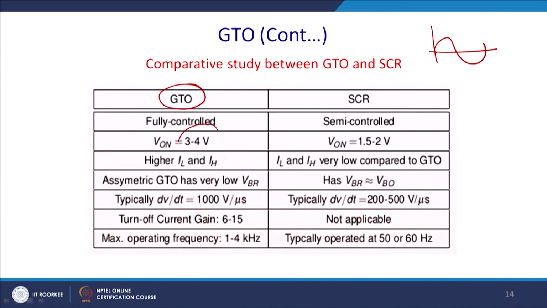The on state drop in case of the GTO will be around 2 to 3 times higher than a thyristor of the same rating. So, for the thyristor the on state drop is around 1.5 to 2 volt, but for the GTO you will have around 3 to 4 volt. It is because, if you go back, we have seen that there is a negative blocking state.